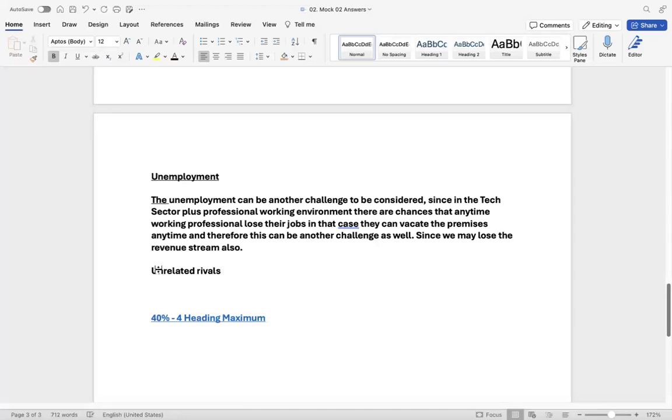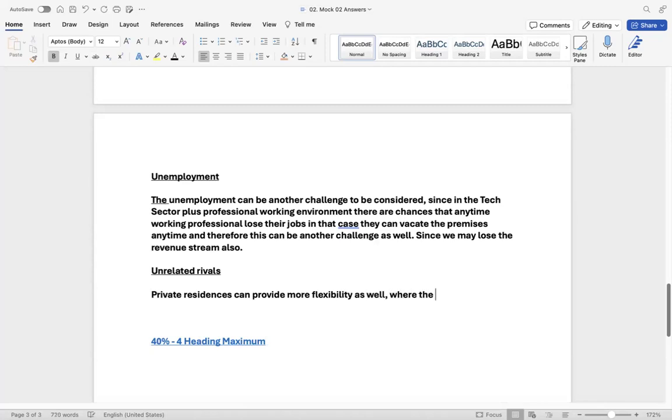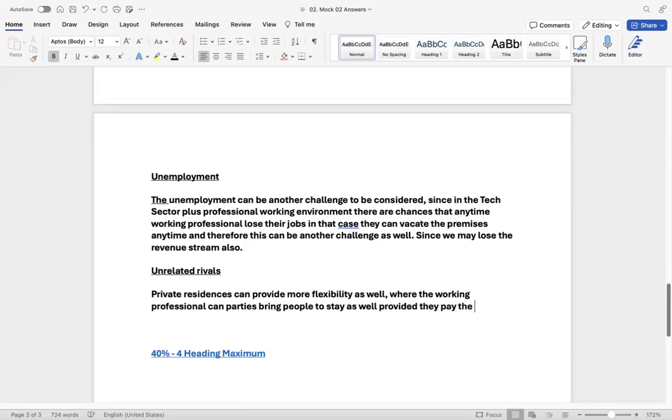In this case, on unrelated rivals, I can write again: private residences can provide more flexibility as well, where the working professionals can have parties and bring people to stay as well, provided they pay the rent on time.